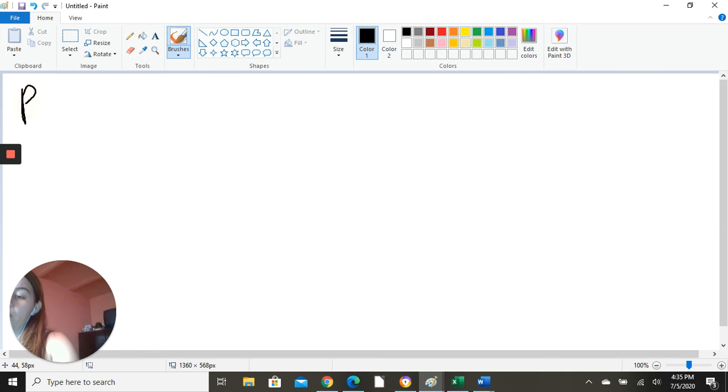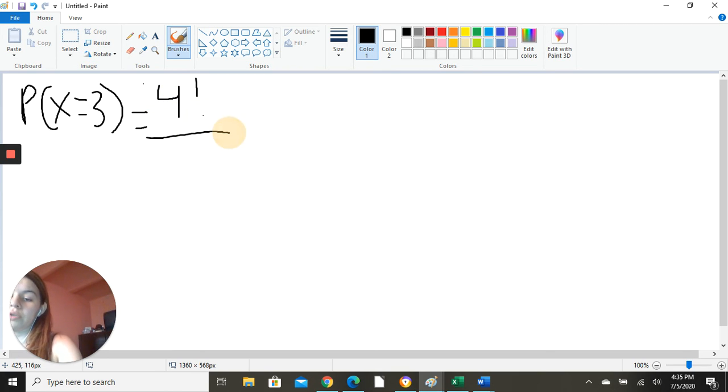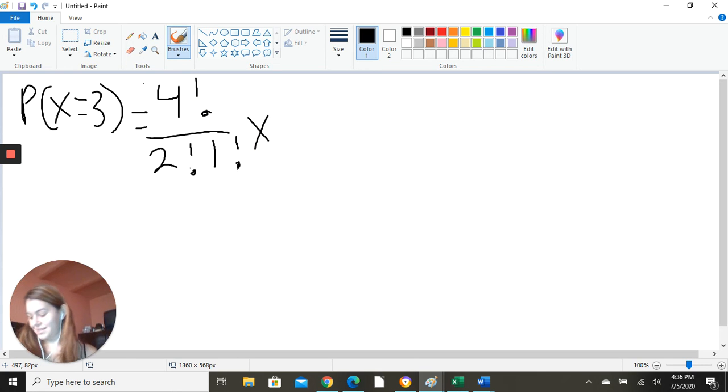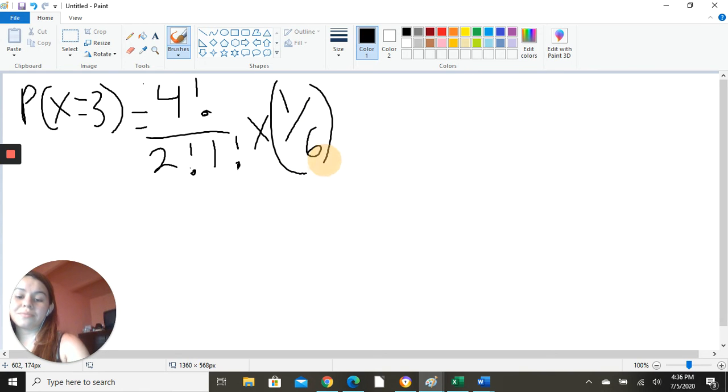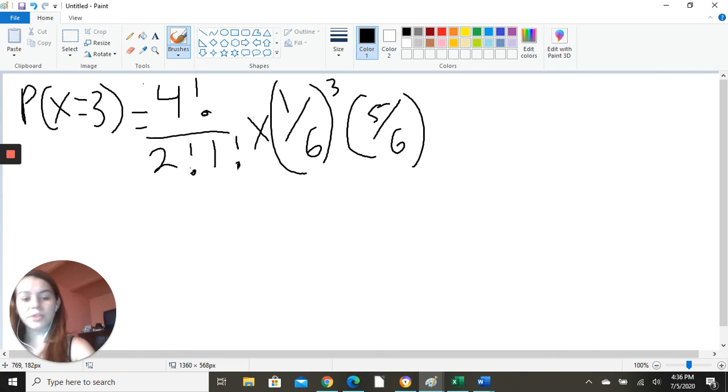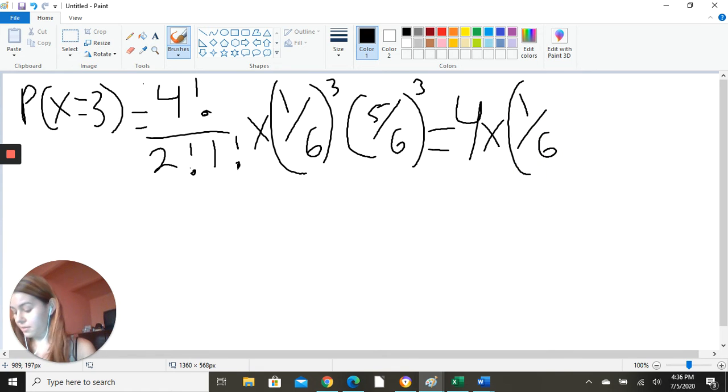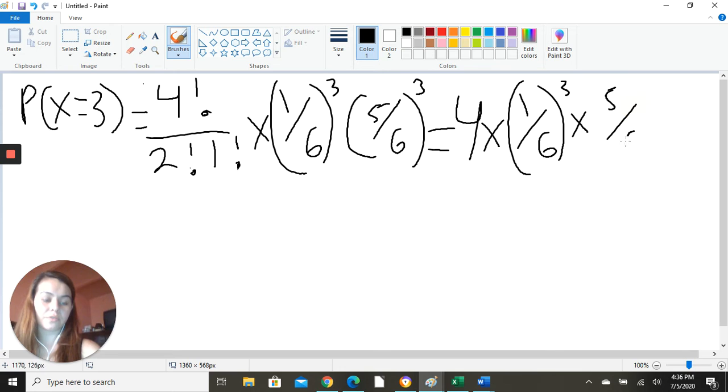Okay, so P equals 4 factorial over 2 factorial, 1 factorial, sorry guys, times 1 over 6 to the third power, 5 over 6 to the third, equals 4 times 1 over 6 to the third over 6 to the 0 power, my friend.